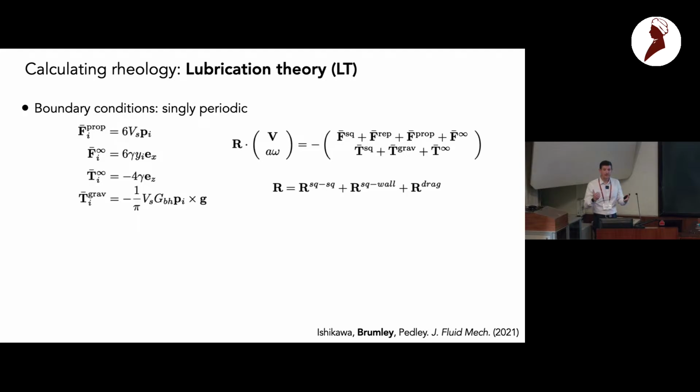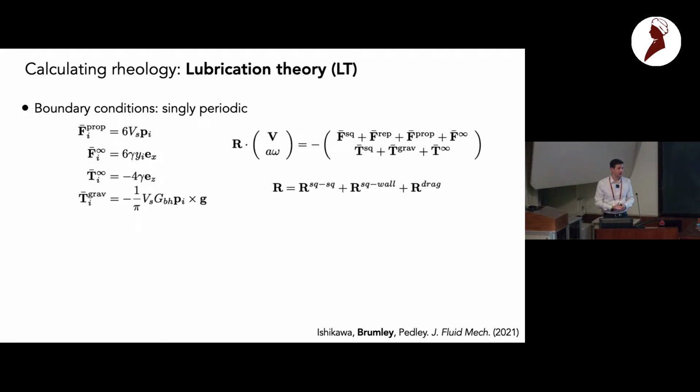Just briefly, in the latter case with the lubrication theory, the way we do this is by propelling the spheres along with a driving force. These are subjected to a background force from the fluid, a viscous torque due to the vorticity in the flow that will tend to turn the organisms due to the shear. They're subjected to a gravitational torque, and this all goes into a resistance formulation.